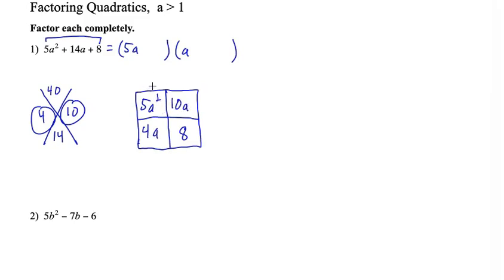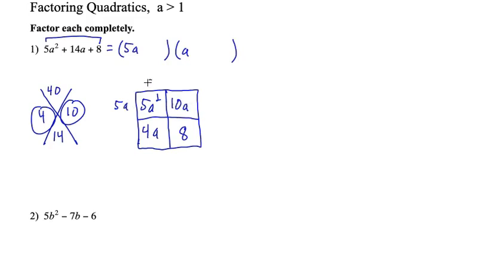Okay, let's figure out some binomials that multiply to make these terms. We know to make 5a squared, it's 5a times a. I don't want to put the 5a on top because that lines up with the 4a, and it's hard to turn a 5a into a 4a. So let's put the 5a on the left side because that lines up with the 10a, and we can turn 5a into a 10a.